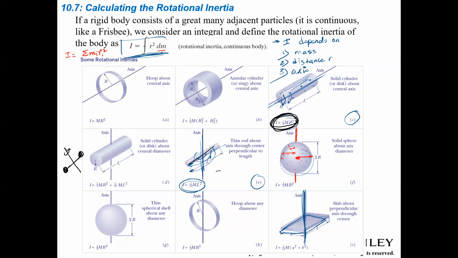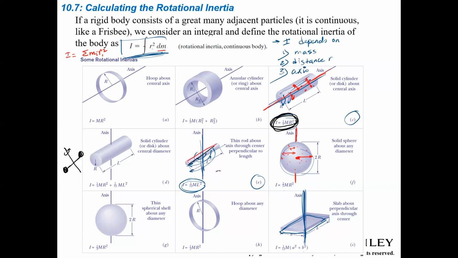So I want you to just look at the table, which contains the final answers for the integrations for different objects and different axes. Namely, the same object, but with different axes, will have different rotational inertia. And this is only because the points will have different distances to the axis when I change the axis. So the same rod, if the axis is passing through its own axis, the points will have these distances to the axis, right?